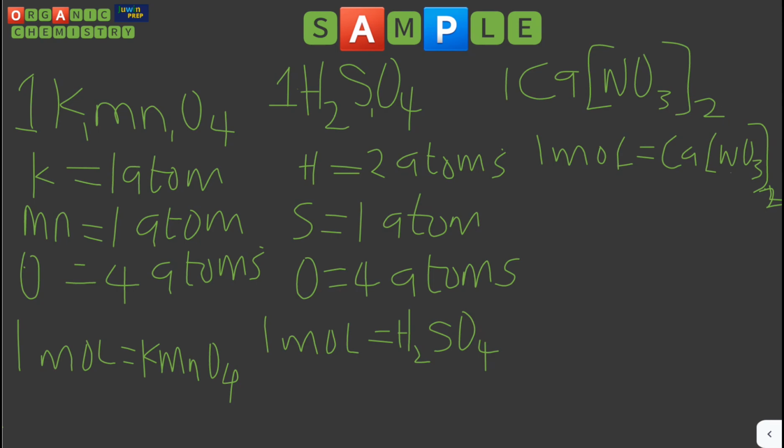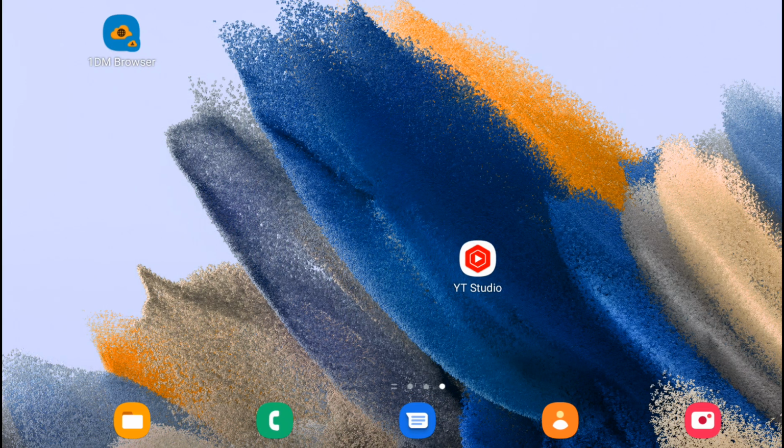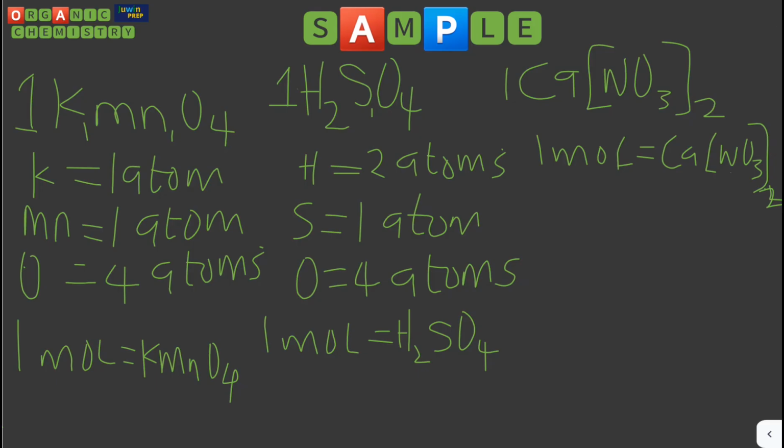We have 1 mole of Ca(NO3)2 in parentheses. This thing is not called bracket. In chemistry, we call it parentheses. And so here we have 1 mole, due to the 1 at the front of everything, 1 mole of Ca, in parentheses NO3, 2.